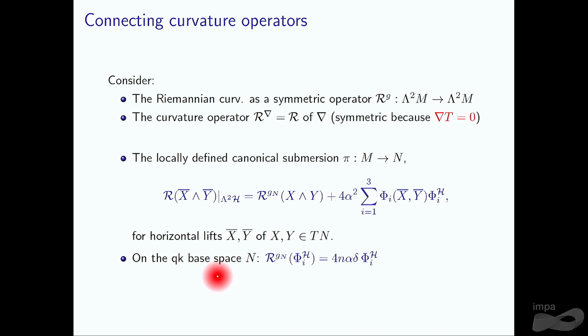So on the quaternionic Kähler base N, we see that the Riemannian curvature operator acting on the horizontal parts of the phi i's, these are actually eigenforms.